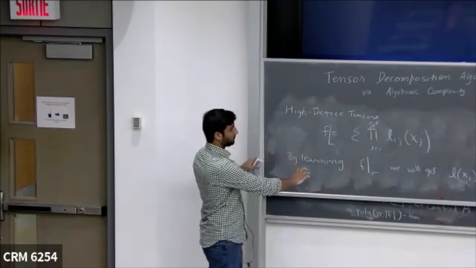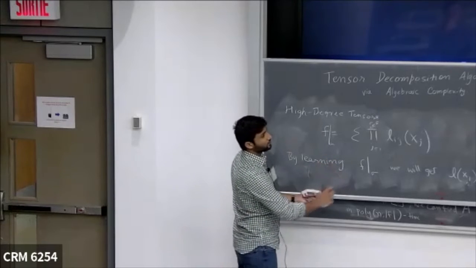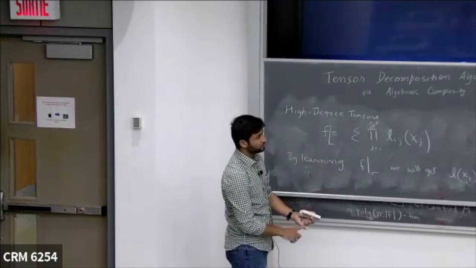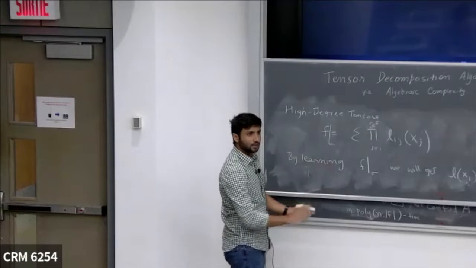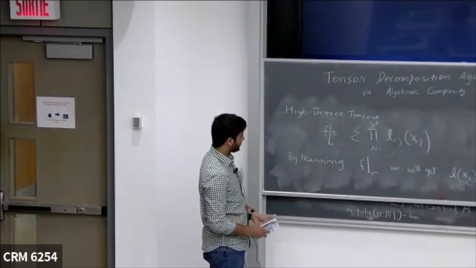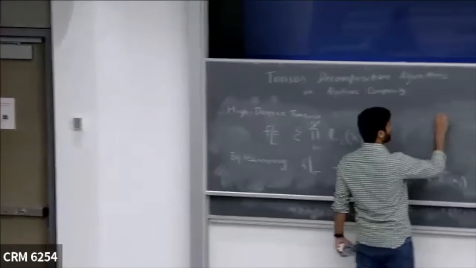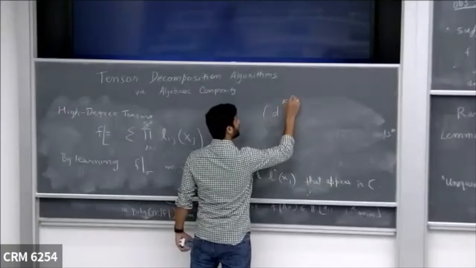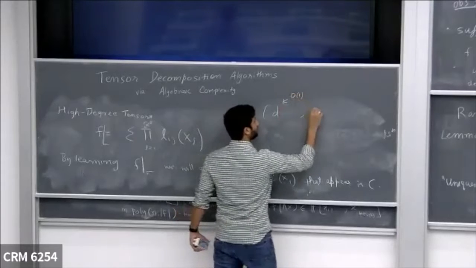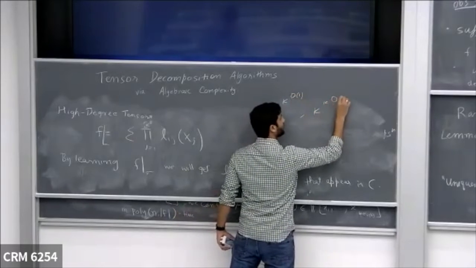So basically, mixing all these three ideas, variable reduction, system solving, and rank bounds, we can learn general tensors. And the time complexity that we get, just to point out again, is d to the k to the order 1, k to the k to the order 1, and n.